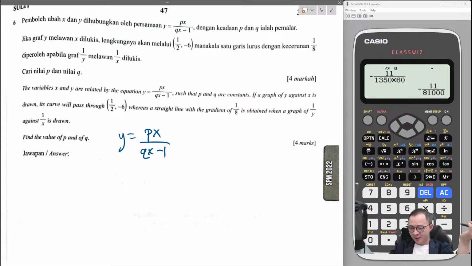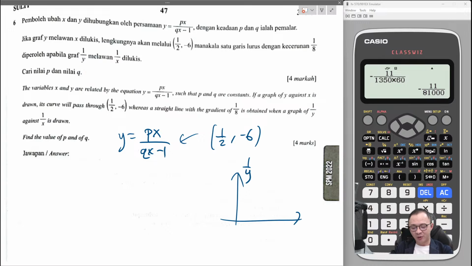Okay, so that means this one, right? They will pass through 1 over 2 and negative 6. Whereas a straight line with a gradient of 1 over 8 is obtained when 1 over y against 1 over x is drawn. So then you draw another one. So you have two graphs.